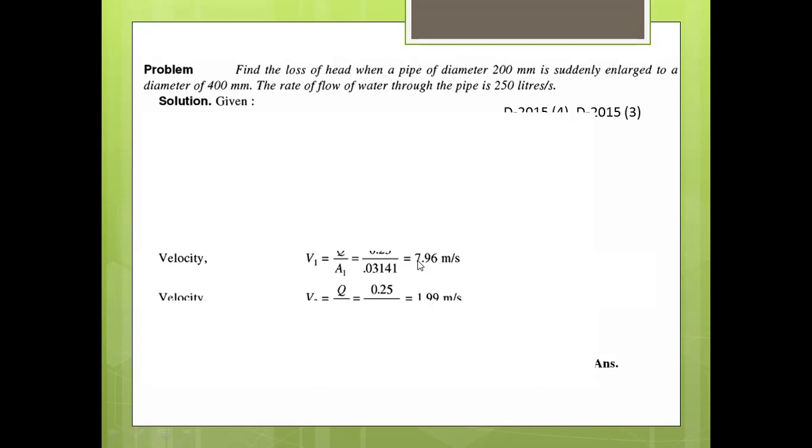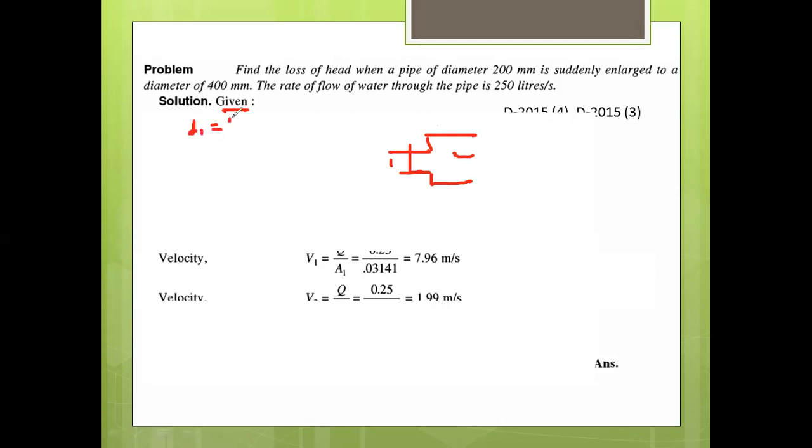So first of all, write down the given things. Given. Find the loss of head when the pipe of diameter 200 mm is suddenly enlarged. So the diagram will be like this. This is section 1, section 2.